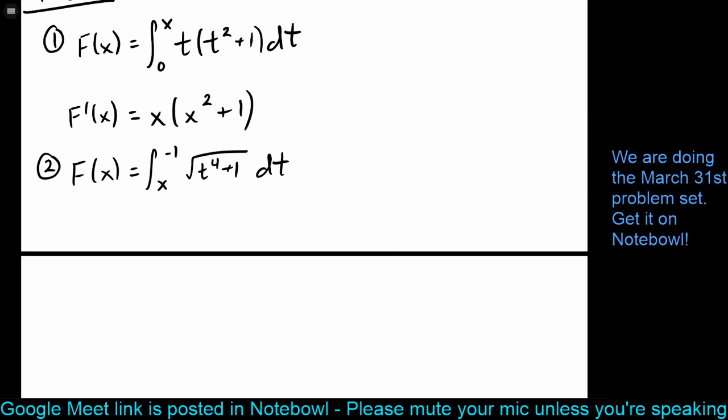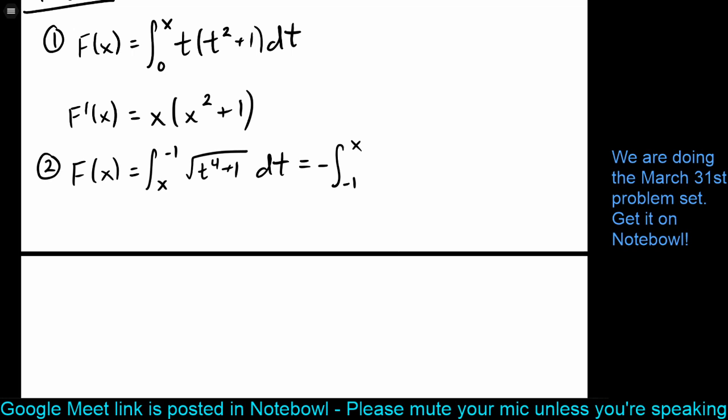All right. So this one here, remember for number 1, we said the constant had to be at the bottom and the x had to be on the top. Here, these are in the wrong order. Now we talked about a property of definite integrals, which says we can flip the bounds at the price of adding a negative sign.